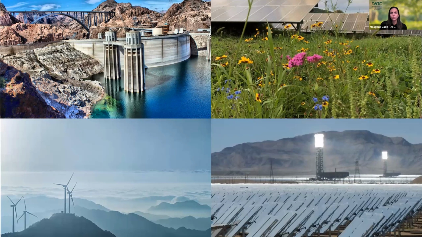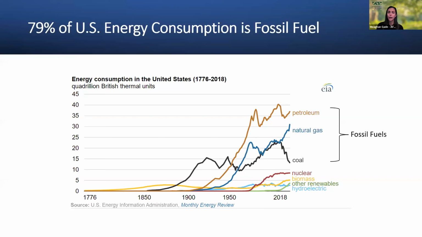So we have the capacity, the technology, and the ability to harness all of these different resources, from the sun to the center of the earth and everywhere in between, to give us that clean, carbon-free energy. But unfortunately, the United States doesn't really use renewable energy as a primary source of energy.